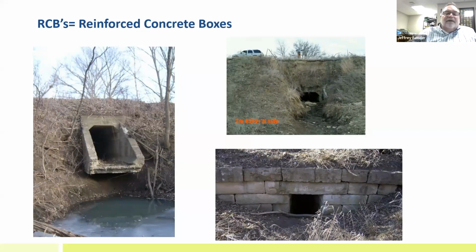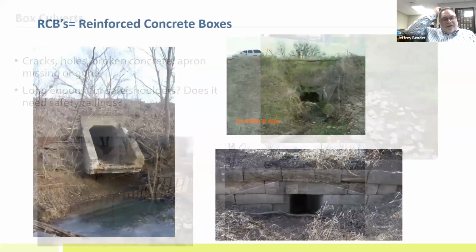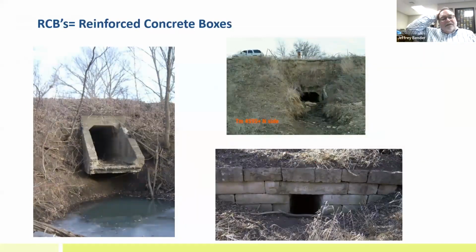Some of those are actually in good shape. Sometimes they're bad. Sometimes they'll look good on the outside, but there'll be stones that are broken or missing on the inside. A common scenario is the picture on the left, where you have an RCB, or reinforced concrete box, and it's like, no, they did not build it that way. What happened there was a lack of riprap or erosion protection on the downhill or outflow end of a culvert box.